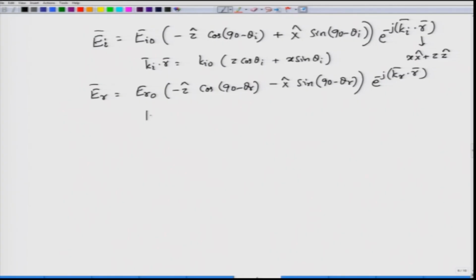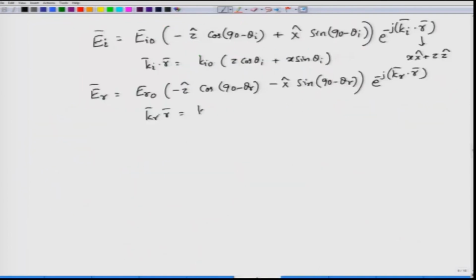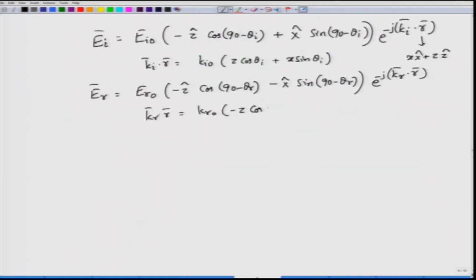We know what kr dot r is because we have already seen what kr is from the previous expression. So, you can calculate that, that would be kr0, the magnitude, times minus z cos theta r plus x sin theta r. So, this expression goes into the exponential.